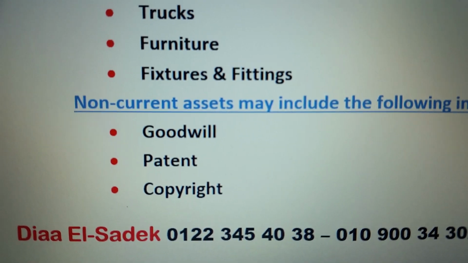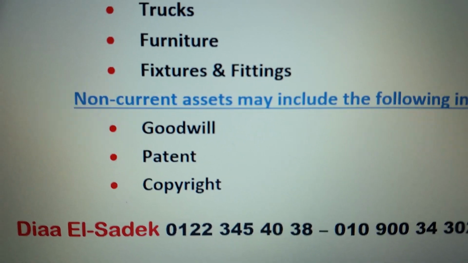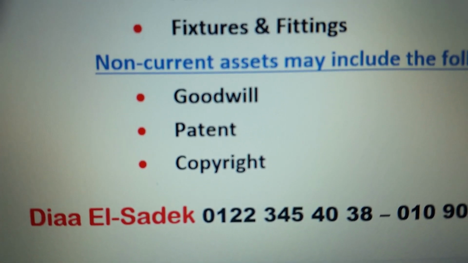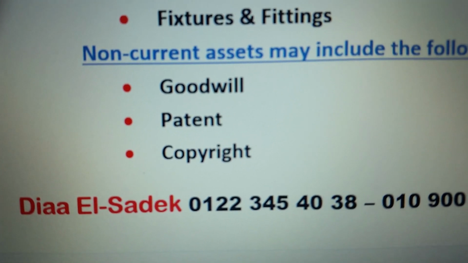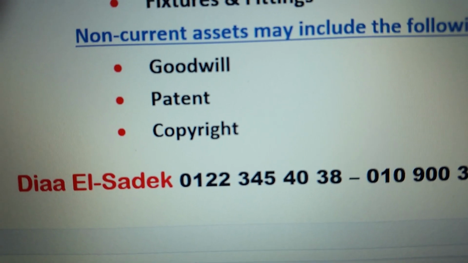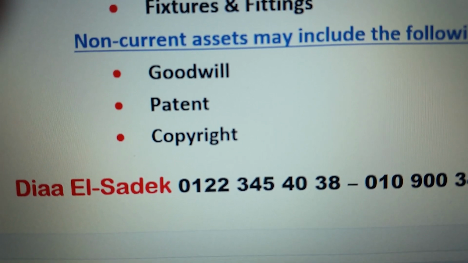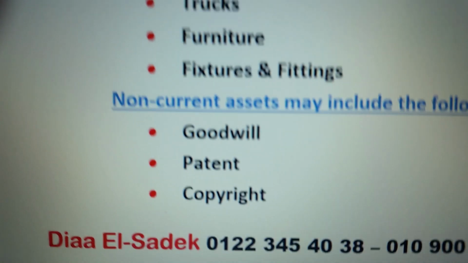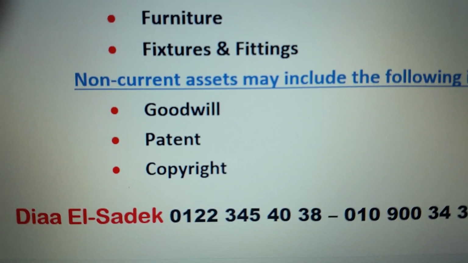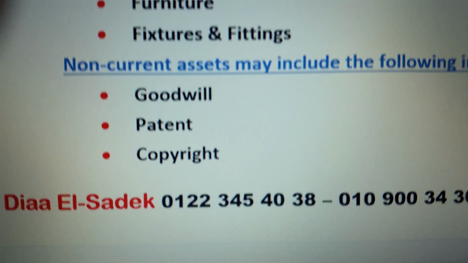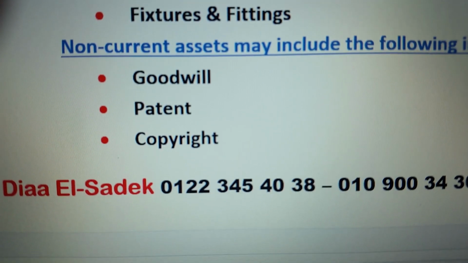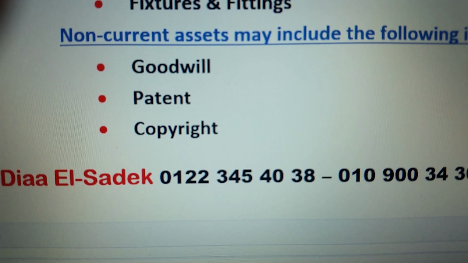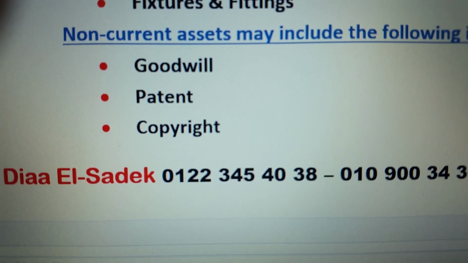So Samsung has to pay money for using the patent owned by Android. Copyright. You cannot copy my notes, because I have a copyright from the government. It's my asset.